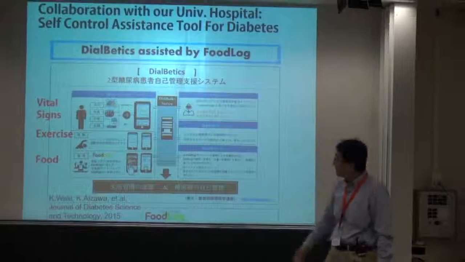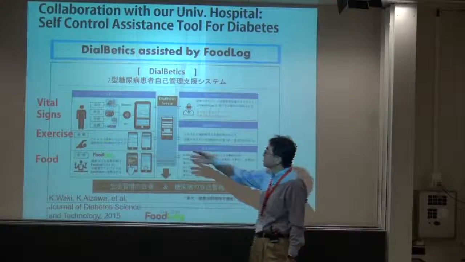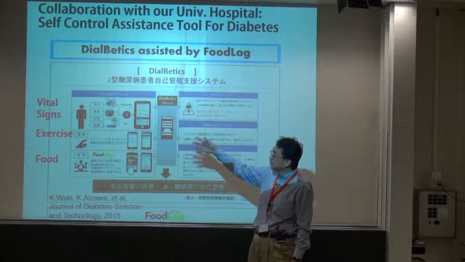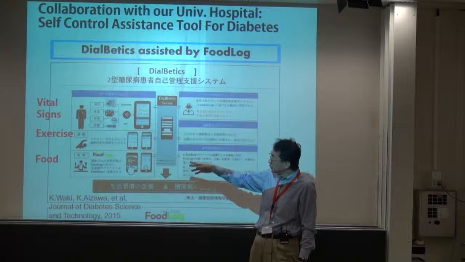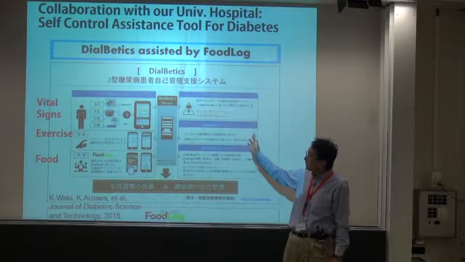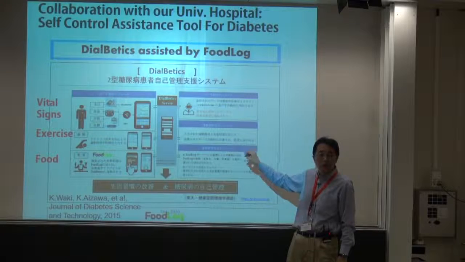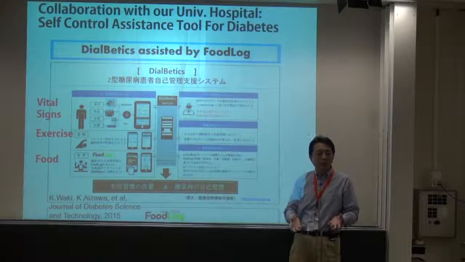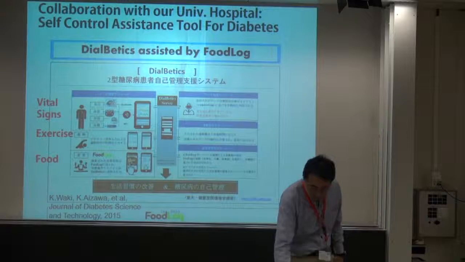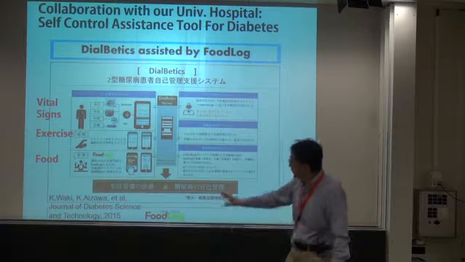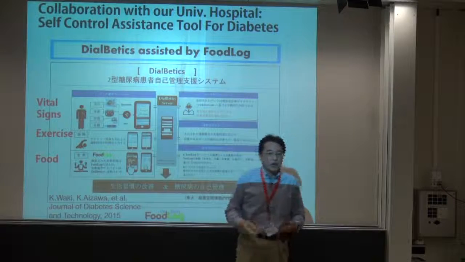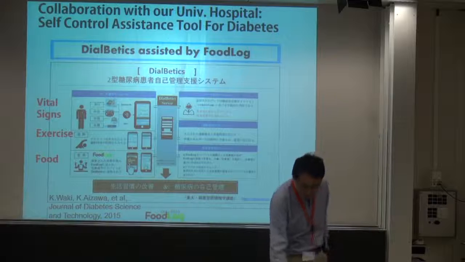And the university hospital is making a system by which they collect vital signs, exercise, and food data, and then based on the recorded data, they want to automatically return some feedback to the patients. And in this food component, we have a collaboration.